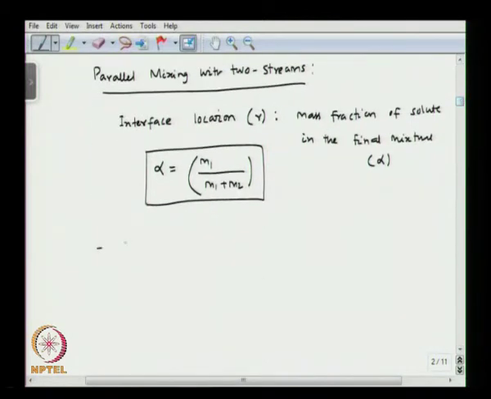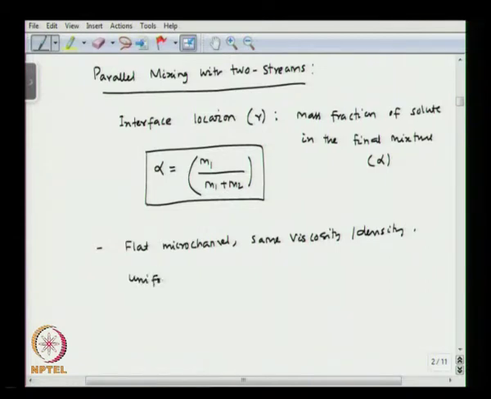So, we make some assumptions. We say that it is a flat microchannel. Okay. And we say the two fluids have the same viscosity and density, and we say that the velocity is uniform.